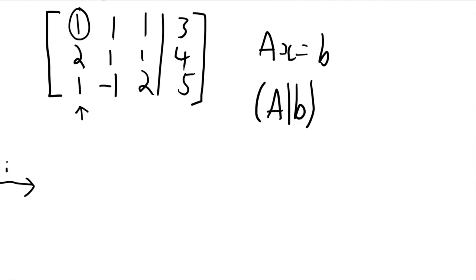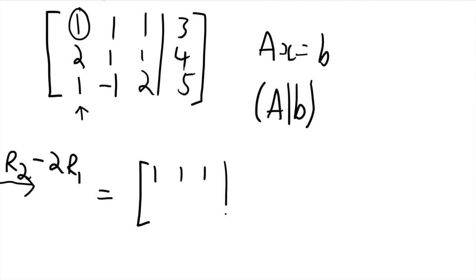So if we write it like this, row 2 minus 2 times row 1, that will give us, so we'll have 1, 1, 1, 3, and then 2 minus 2, well, that'll give us 0. 1 minus 2, that'll give us a -1. And then 1 minus 2 again will give us -1. And then 4 minus 6 will give us -2. And then the last row will be the same for now.